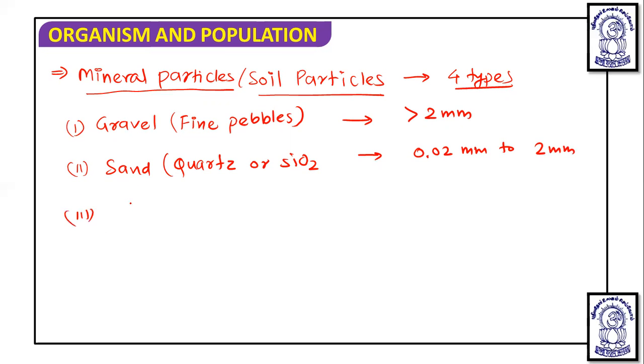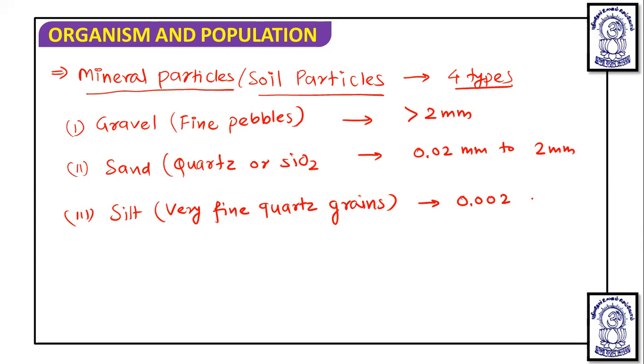The third soil particle is silt, and silts are known as very fine quartz grains having a size of 0.002 to 0.02 mm.